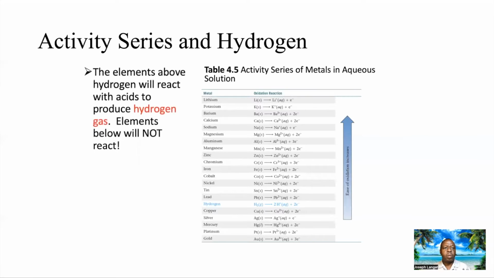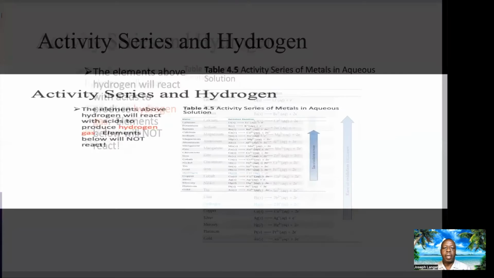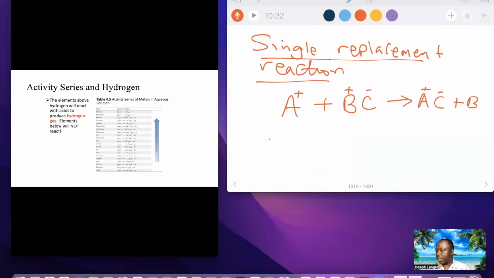Okay. So the elements above hydrogen will react with acids and produce hydrogen gas. I have highlighted hydrogen gas because hydrogen gas is diatomic. When we say hydrogen gas, it is diatomic.